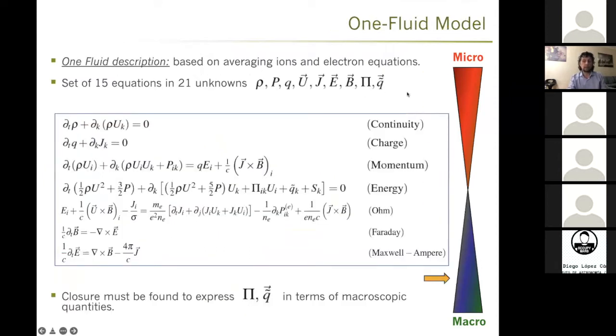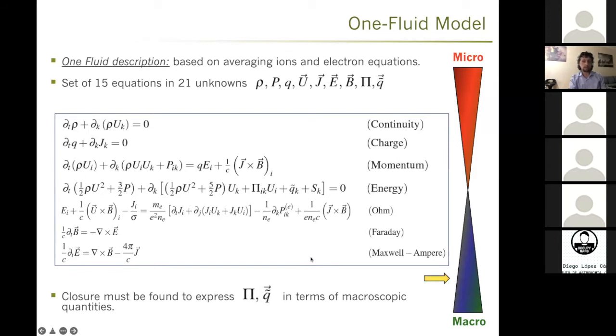Now, you can still simplify the equation by putting them together, and averaging the ions and electrons equations. At this point, you get another model, which is called the one-fluid model, which is a set of 15 equations, 21 unknowns, which can be closed by assuming some formulation for pi and q, which represent respectively the viscous stress tensor and the thermal conduction vector.